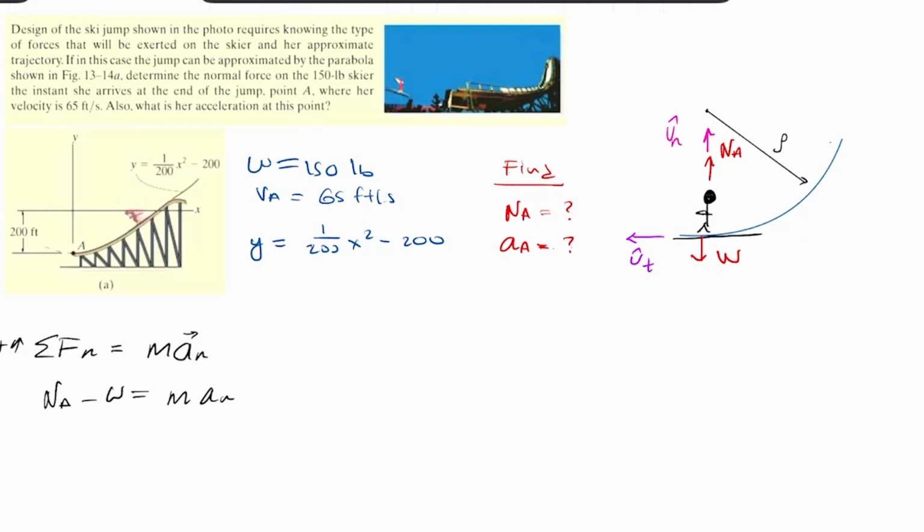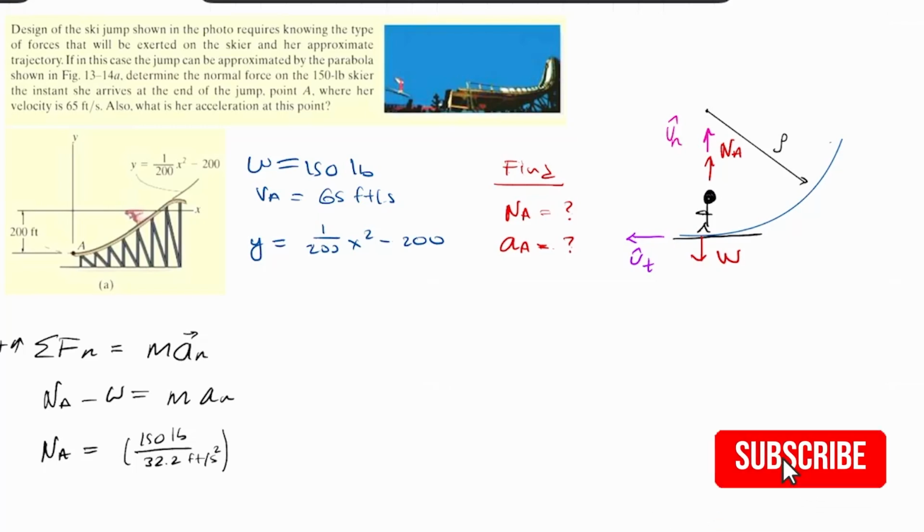So out of here, we can rearrange. And so the normal force at A is equal to the mass of the skier, so that will be 150 pounds divided by 32.2 feet per second squared, multiplied times the normal acceleration.